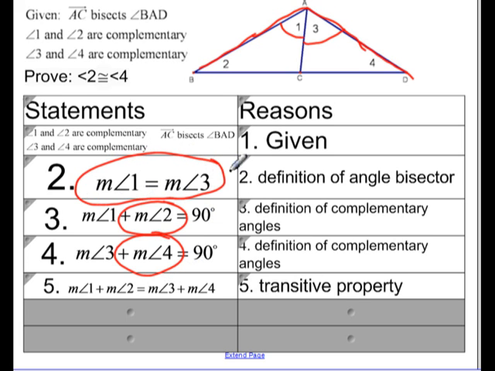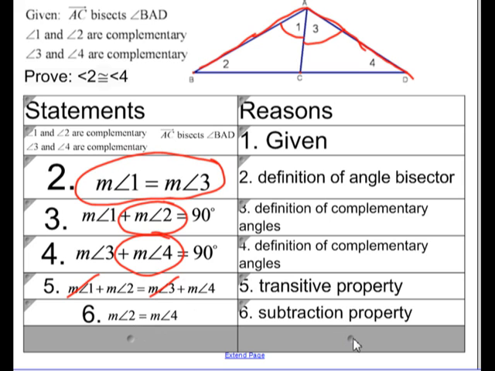We've already said that 1 and 3 are equal to each other. So I think you'd agree that if I subtract angle 1 from this side of the equation, and I subtract angle 3 from this side of the equation, I've subtracted essentially the same thing from both sides, which is perfectly legal. And I can only do that because I already know that 1 and 3 are equal, which I've said here. So I can now say that angle 2 and angle 4 are equal. And how did I get from step 5 to step 6? That was the subtraction property of equality.